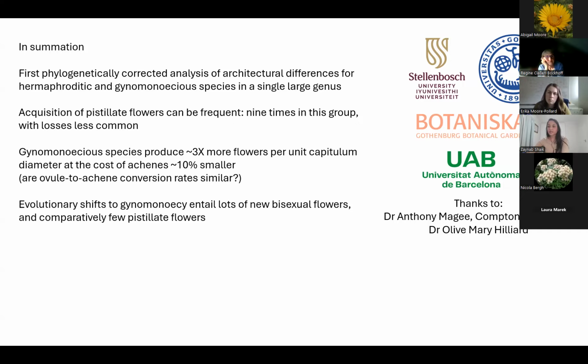And the model they describe is one in which the peripheral bisexual flowers undergo androecial sterilization. So those peripheral flowers become female. That was their supposed model. But what we show instead is an entirely distinct model where shifts to gynomonoecy entail the addition of lots of new bisexual flowers and relatively few peripheral pistillate flowers.